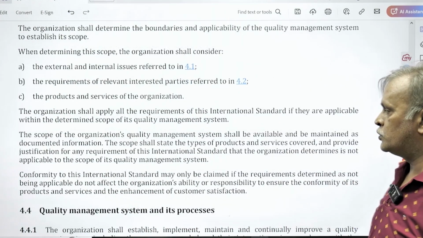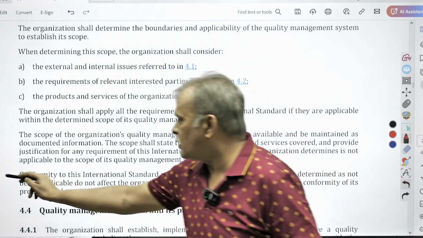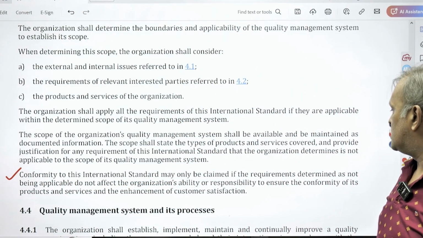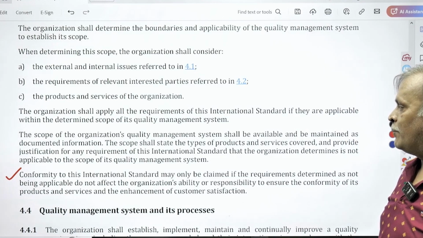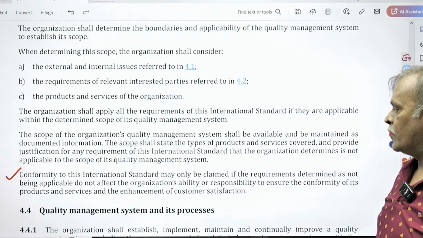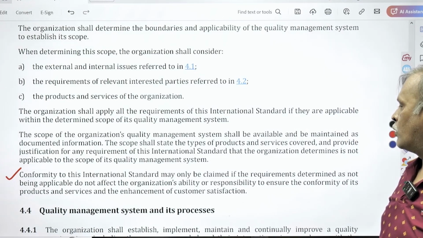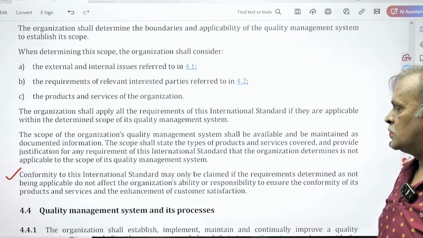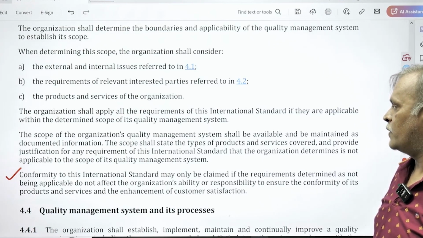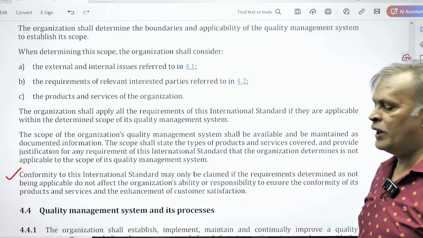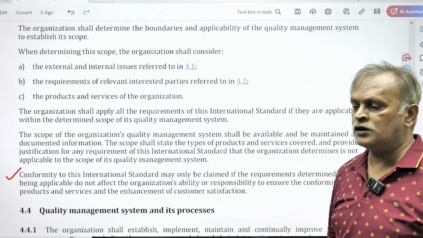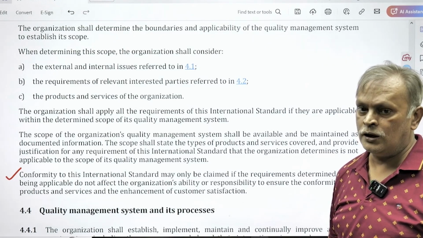It further goes on to say conformity to this international standard may only be claimed if the requirements determined are not applicable, do not affect the organization's ability or responsibility to ensure the conformity of its product and service and the enhancement of customer satisfaction. तो अगर आपने exclusion लिया है, exclusion लेने से आपके प्रोडक्ट सर्विस डिलीवरी पे कोई असर नहीं होना चाहिए.